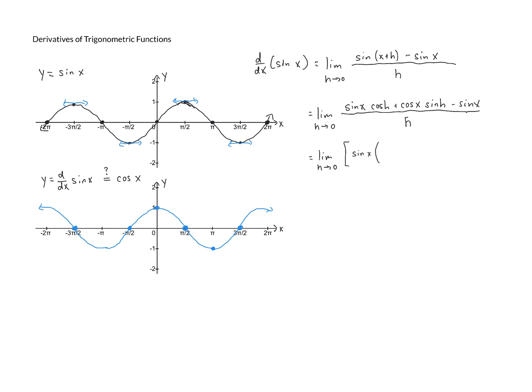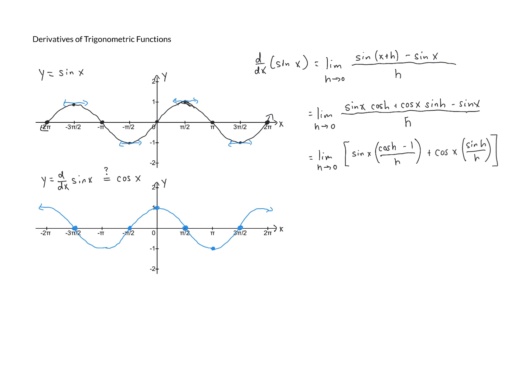We've got sine of x times cosine of h minus 1 over h, right? Because we've got sine of x times cosine of h minus sine of x just times 1. And then if we look at the cosine of x, we have sine of h over h.